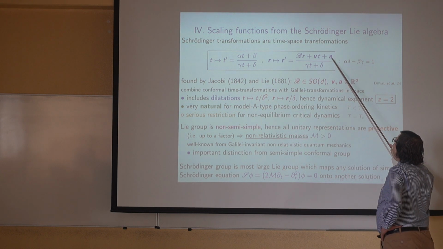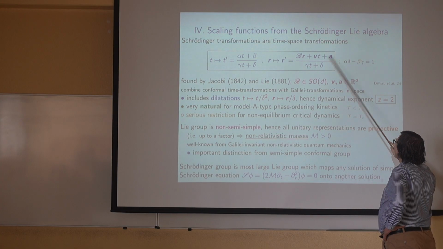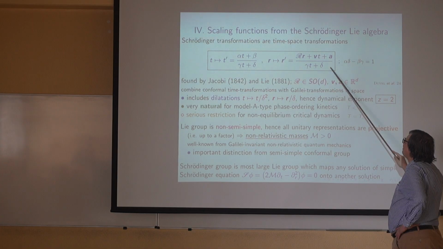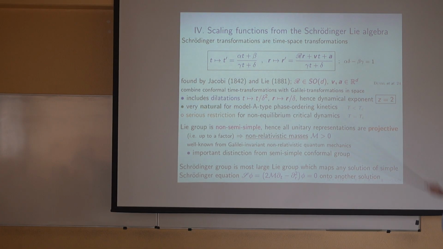And in space, you find translations, you find Galilei transformations, you find rotations, and that very strange denominator. And this together forms a Lie group, as you can check. And this is nowadays called the Schrödinger group. Okay. When you get sufficiently famous, things are named after you, even if you're completely innocent.